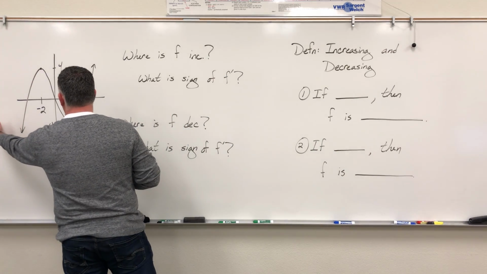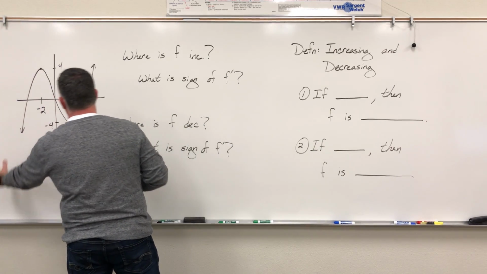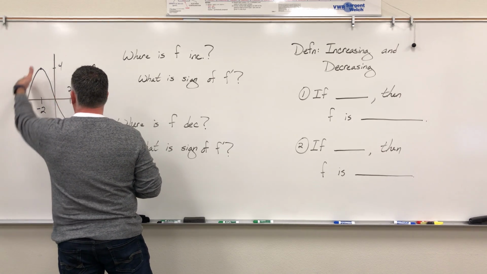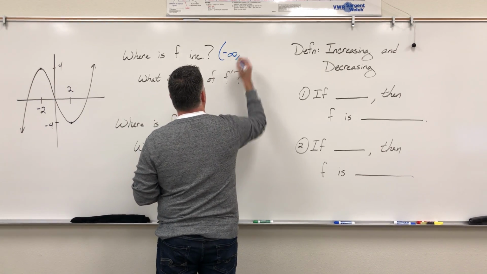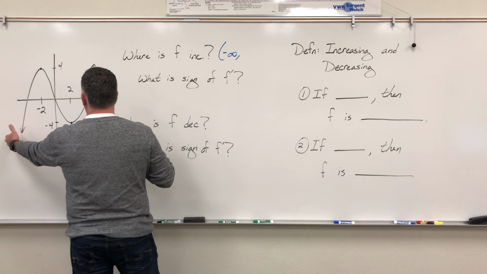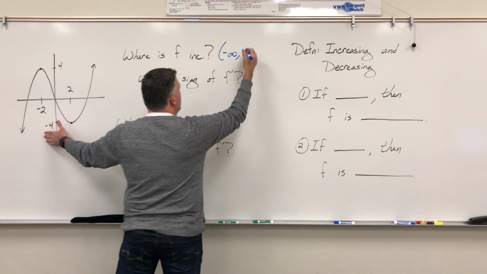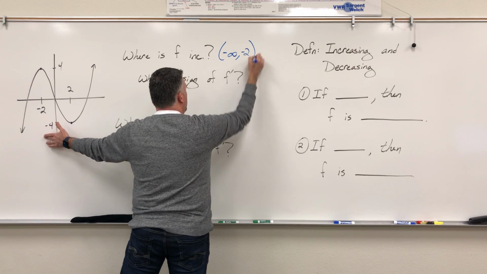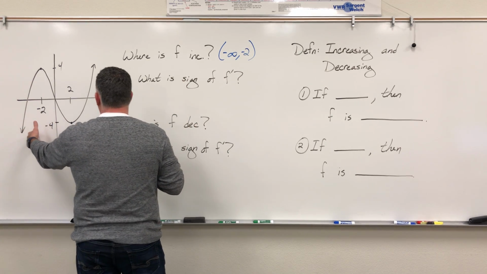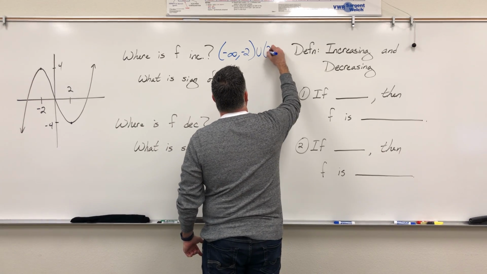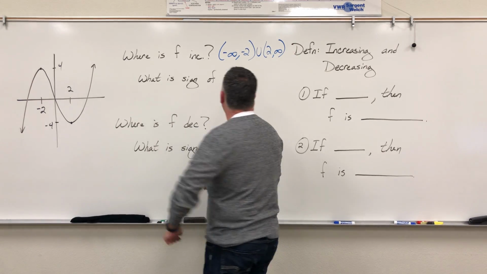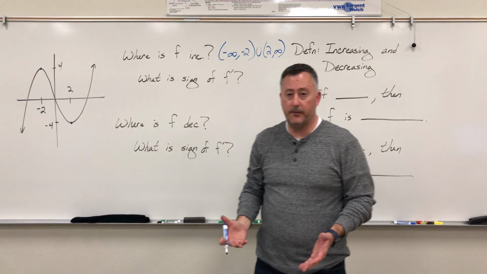So from left to right, you're going up, or it's increasing, from negative infinity, and then once it reaches -2, it switches directions and goes down. And it keeps going down until you get to +2, and then it increases again.